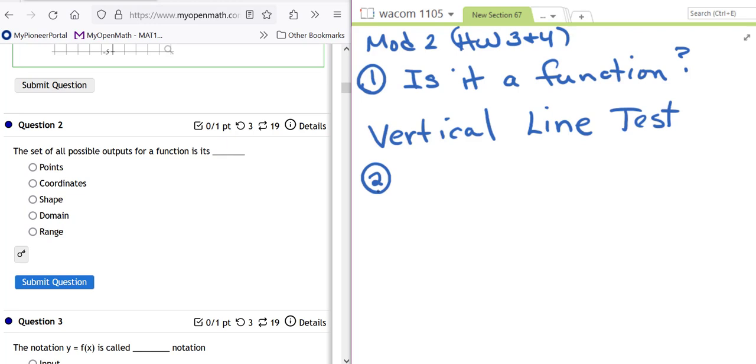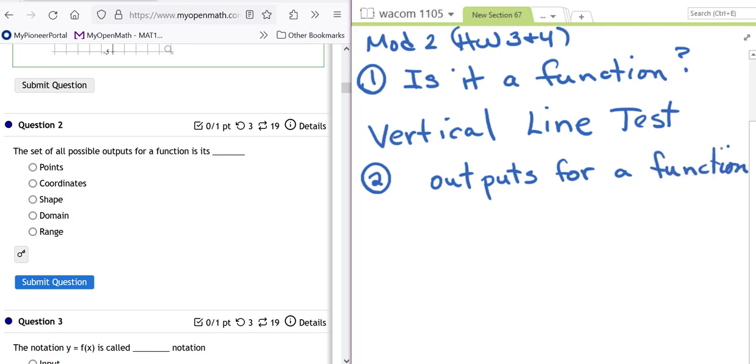I'm not sure I talked about that in your other videos, but all possible outputs, so you're going to have f of x equals something here, right?